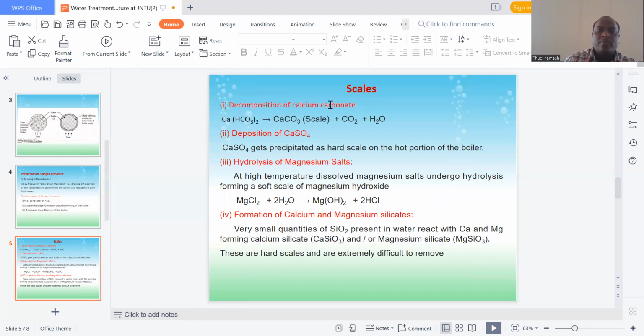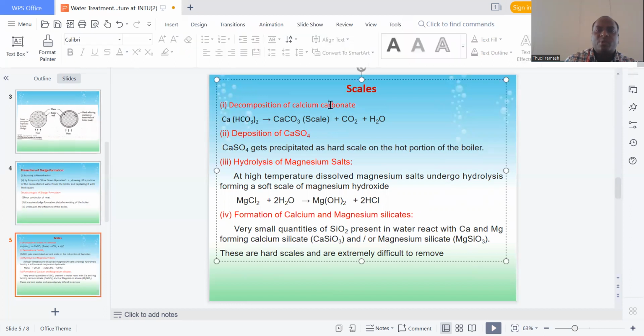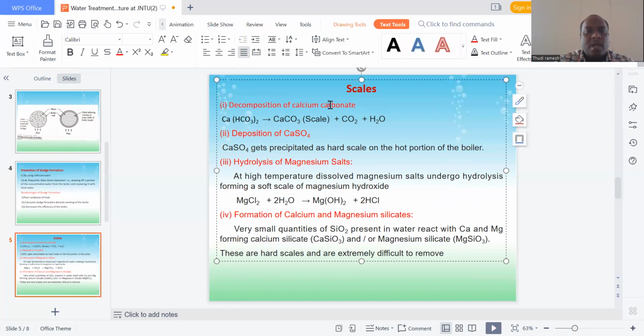So when the calcium bicarbonate decomposes, it forms calcium carbonate, which means the scale forming substance is calcium carbonate here. So calcium carbonate is responsible for these scales.